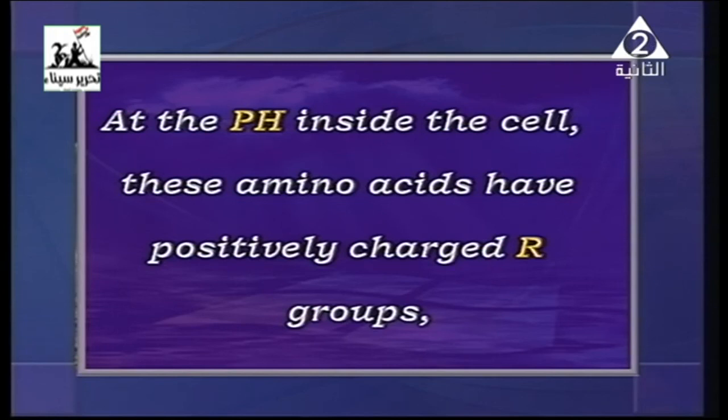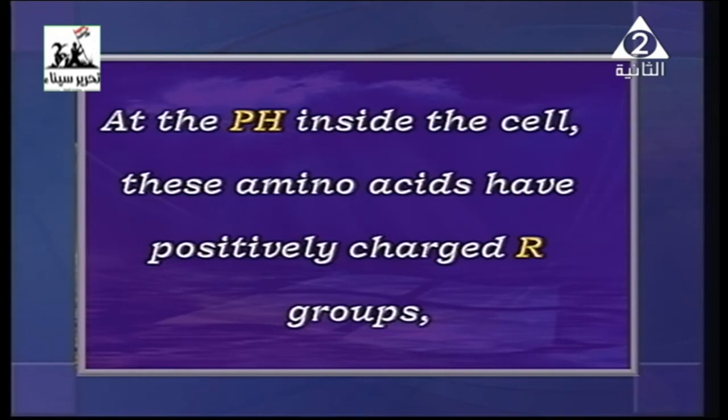For example, the pH of water is 7, so it's neutral. The pH of acids is less than 7, about 6, 5, 4, 3, 2, 1, and by decreasing the pH value, the acidity increases.